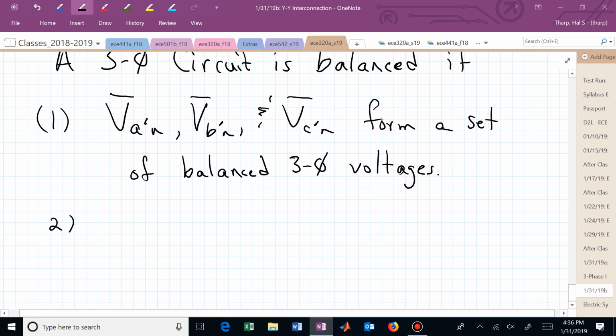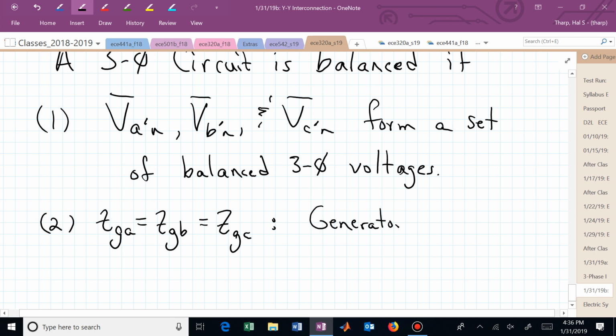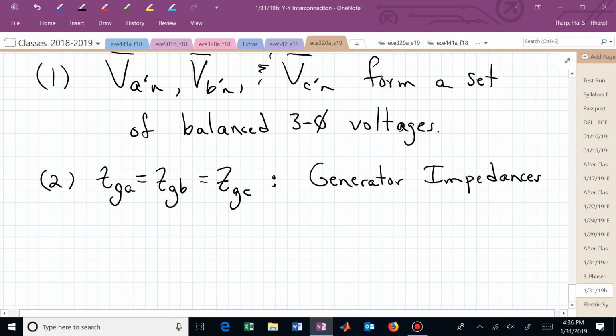The other concerns these impedances. Your generator impedances need to be the same. Your transmission line, or the impedance along the transmission line, needs to be the same in all three phases.